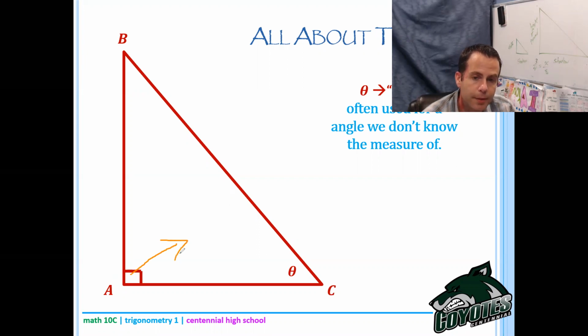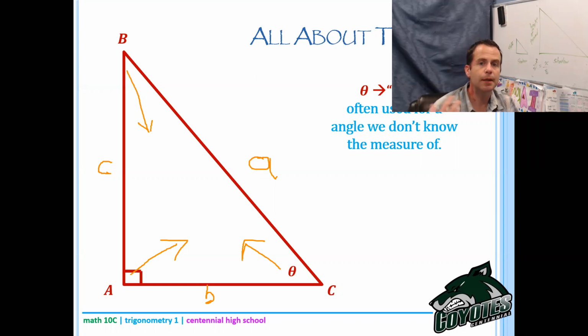Okay, so opposite A would be little a. Opposite C would be little c. And opposite B, I'm just drawing away, and it will always point to the side I'm talking about, is little b. Okay, so you need to be able to be comfortable labeling the triangles with the letters.